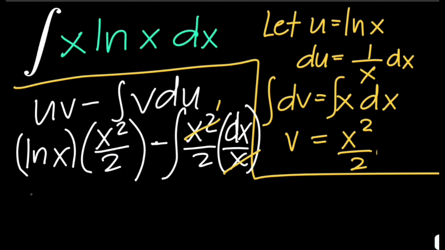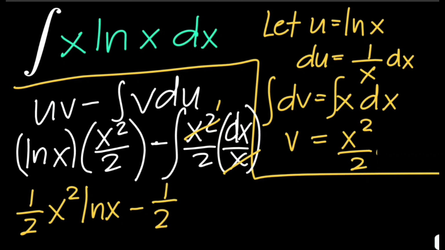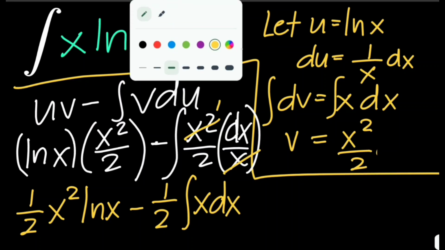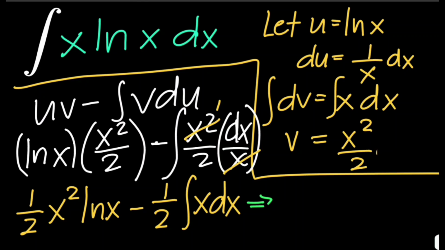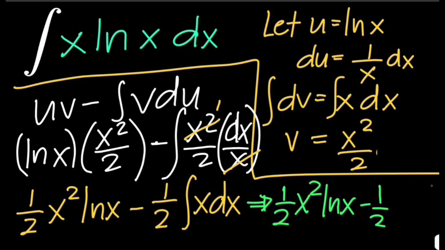Then we have 1/2 x squared ln of x minus, all right, we factor out 1/2. We put 1/2 outside because that one is a constant. Then we have the integral of x dx. And this would become 1/2 x squared ln of x minus 1/2 times the integral of x, which is x squared over 2, plus c.